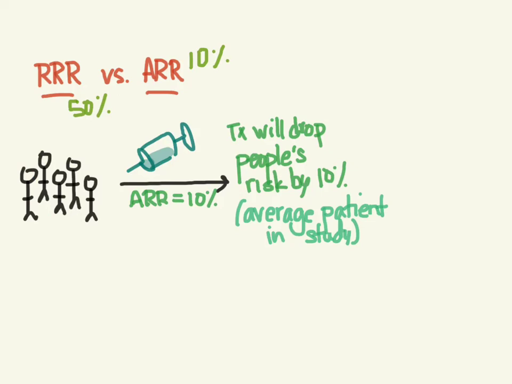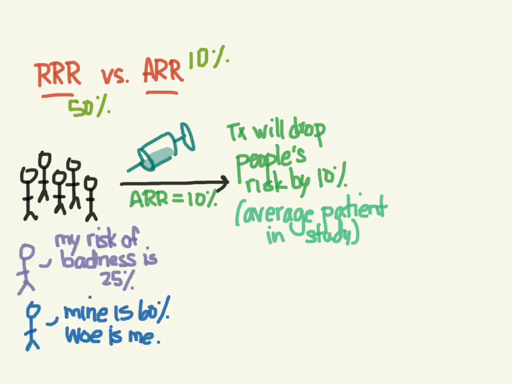But let's say you're in an office and you have 2 patients who come in with the same disease. One patient has a risk of a bad outcome happening of 25%. You estimate that based on whatever, maybe your gut feeling, your experience with patients that you've had in the past, or maybe you have some sort of clinical prognostic scoring system that you put them through, but you come up with these numbers, 25% for one and 60% for another.